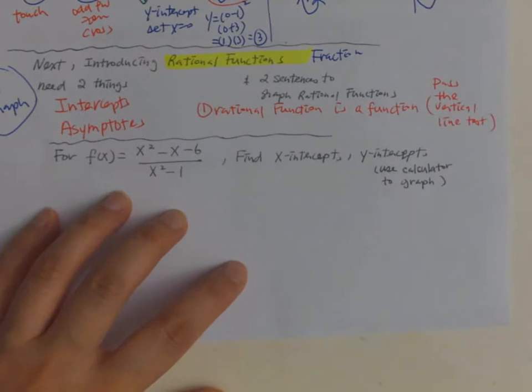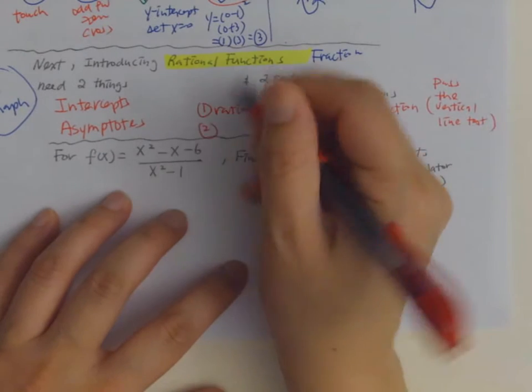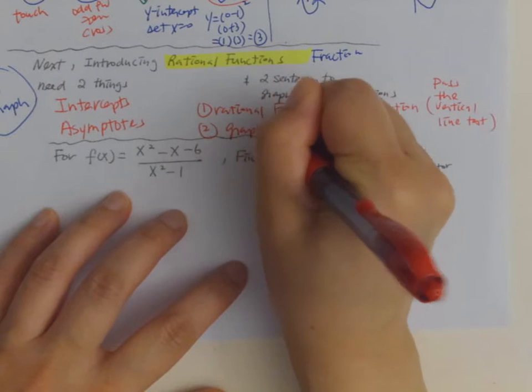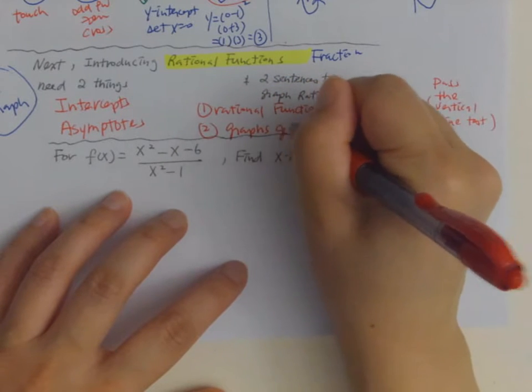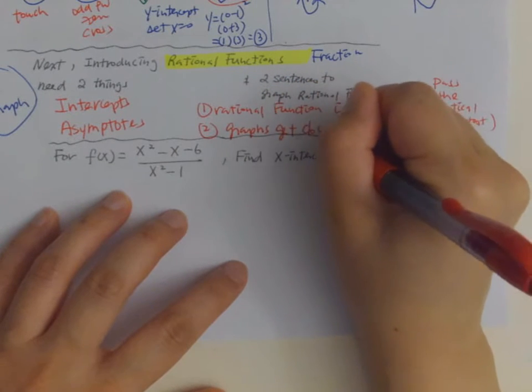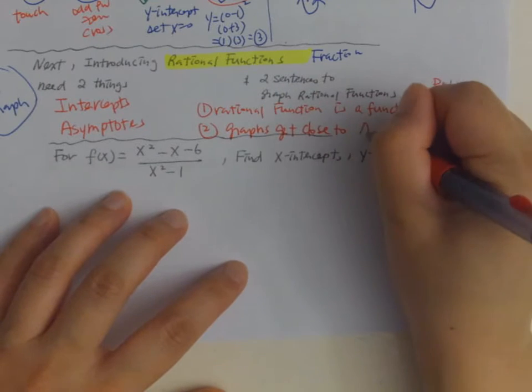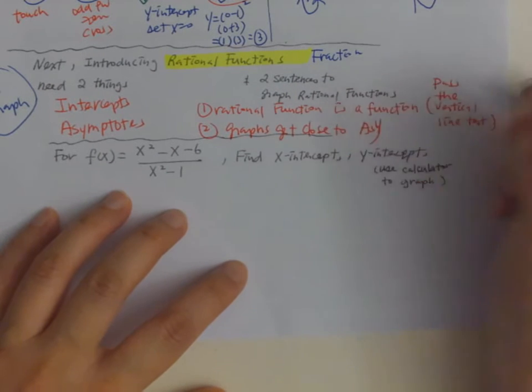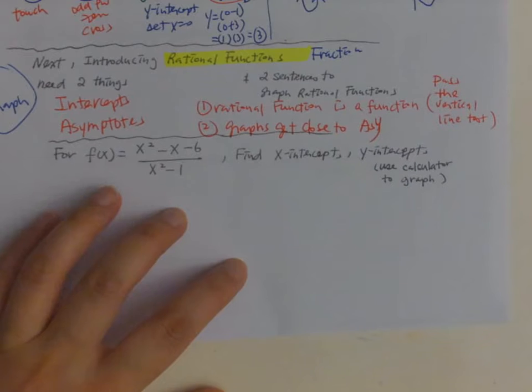And one more thing about rational functions is that the graph is supposed to get very close to the asymptote. So when you abbreviate asymptote, please do ASY, okay?